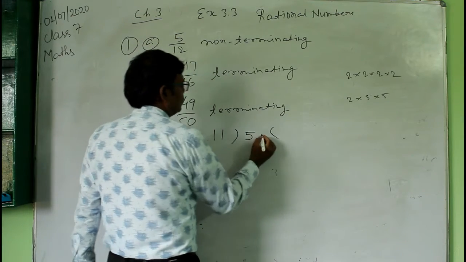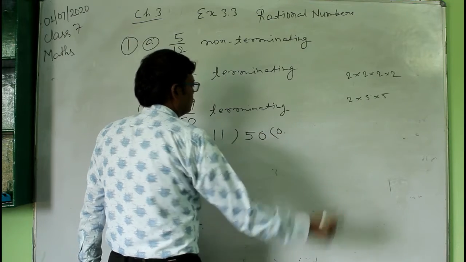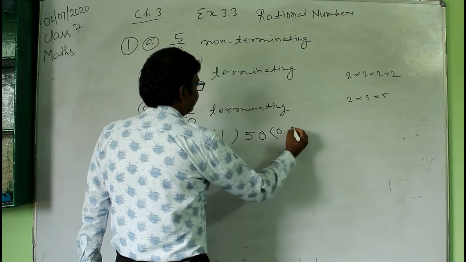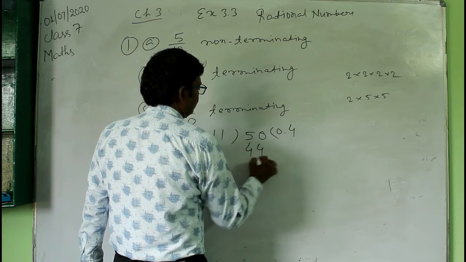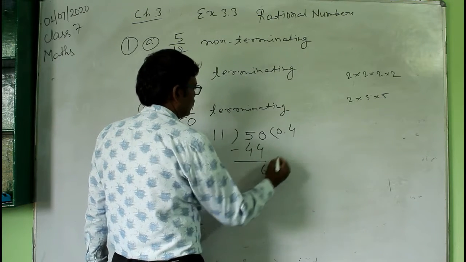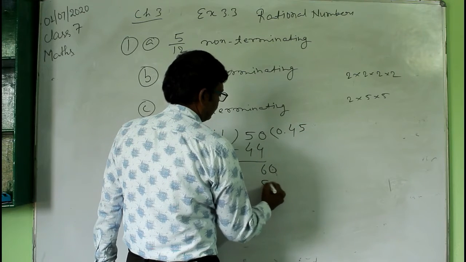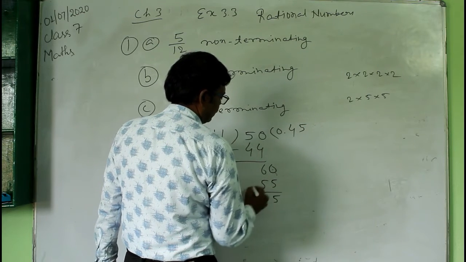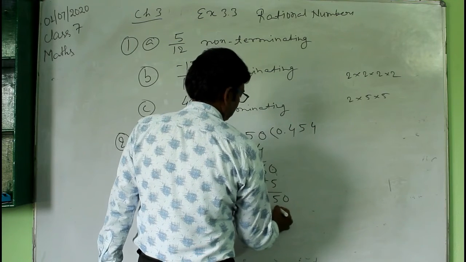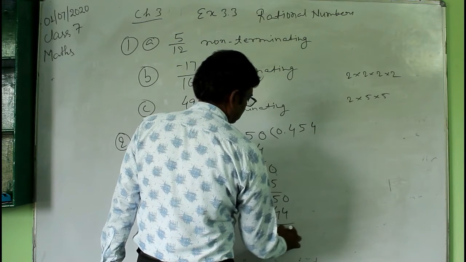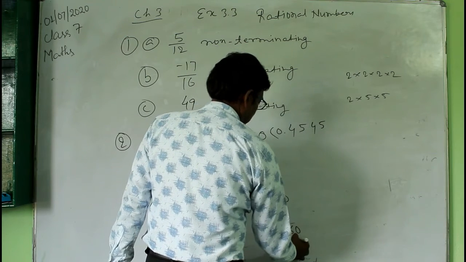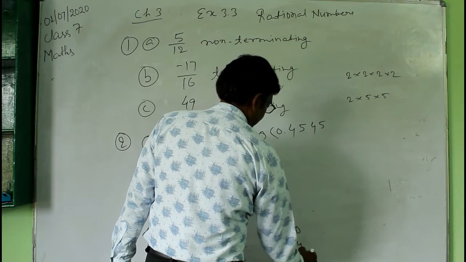So put here 0 and then here decimal, then start. This is 0, then 11 4 ja 44, minus, and 6, then again 0 here, so 11 5 ja 55, and 5 and 0, 11 4 ja 44, and then again 6, then 0, then again 5, 45 here, then it will be 44, then 6.